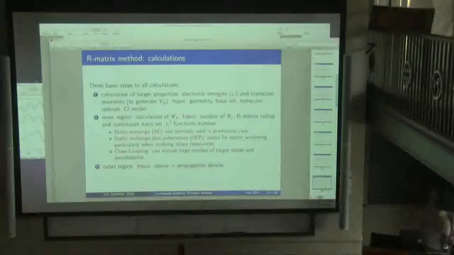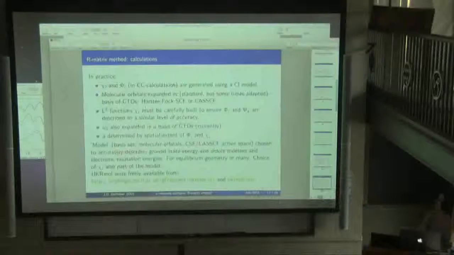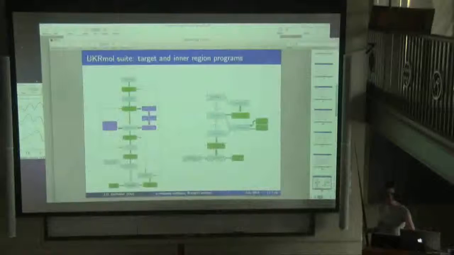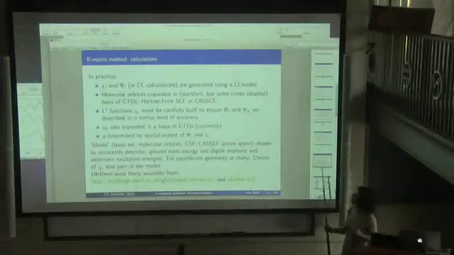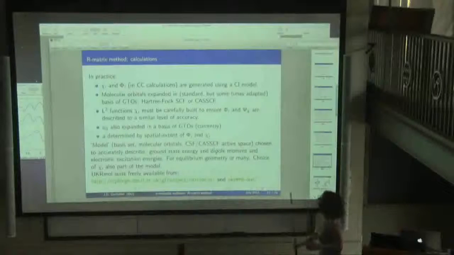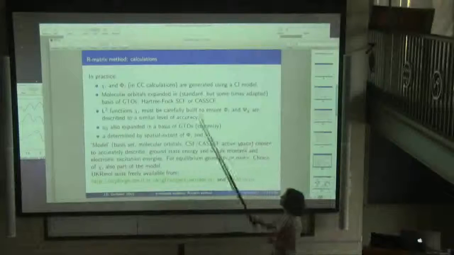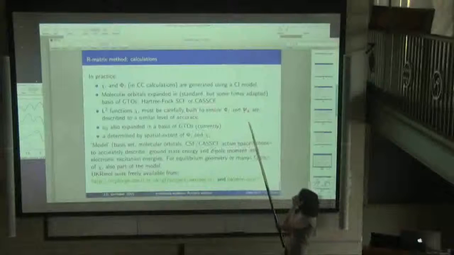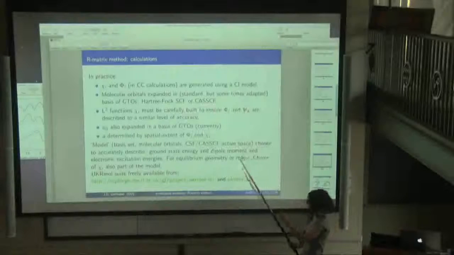Now, in practice, as I said, the wave functions are used to generate a configuration interaction model.